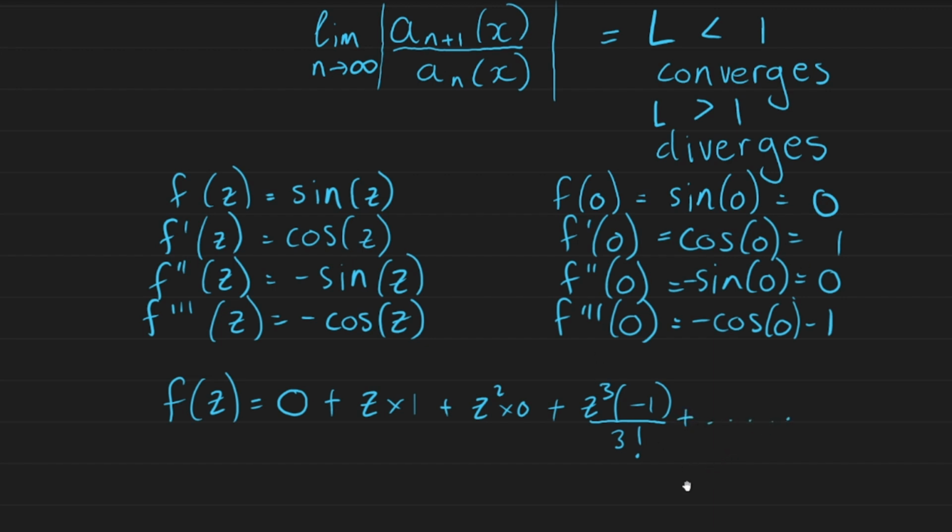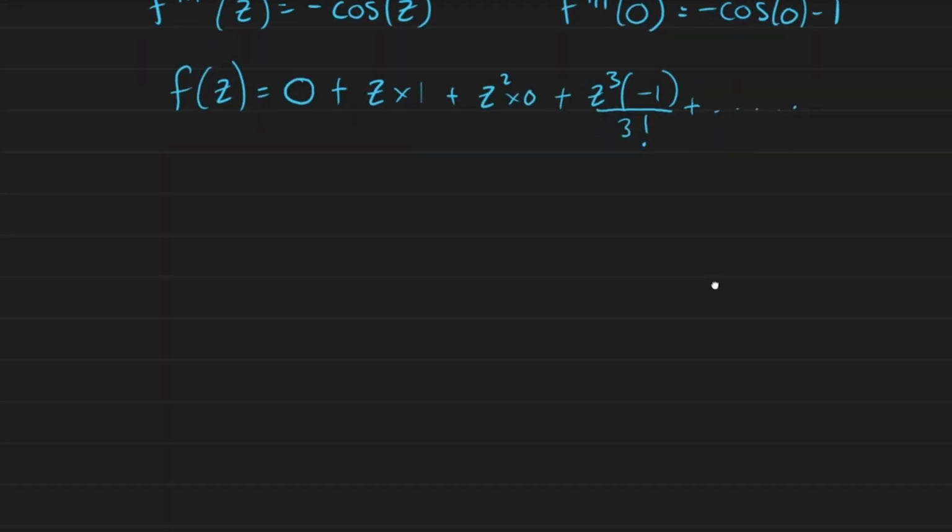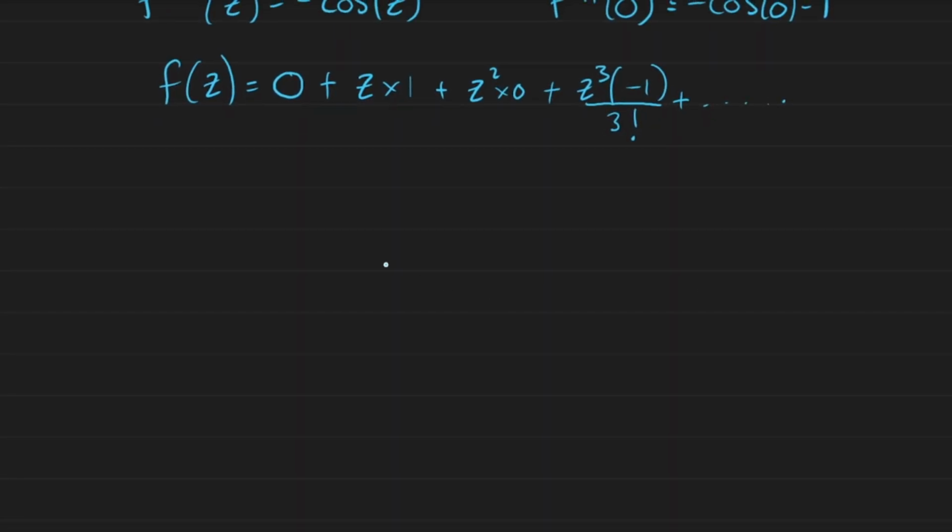So if we were to just simplify all of this, what would it look like? We would get f of z is equal to z, that's the first term here. We don't have even numbers, then we can see that the next term is a negative. So we have minus z cubed over 3 factorial.